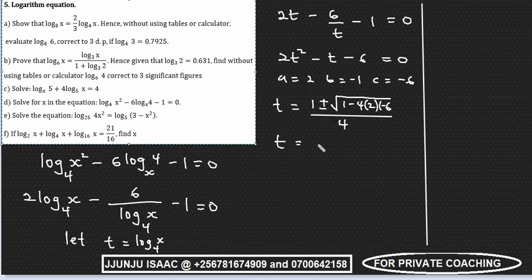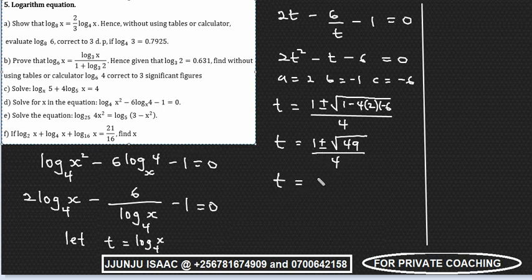And now our t is going to be 1 plus or minus root of 1 plus 48, which is 49, then over 4.